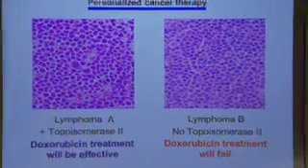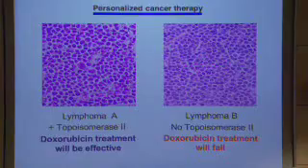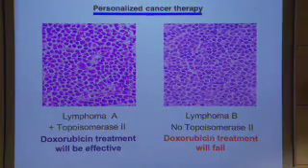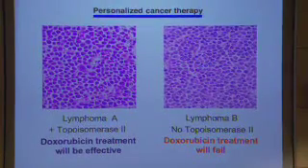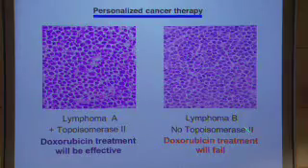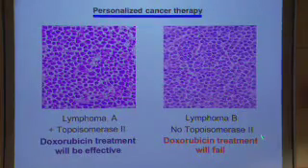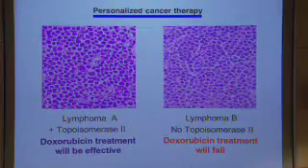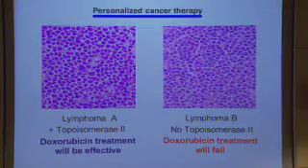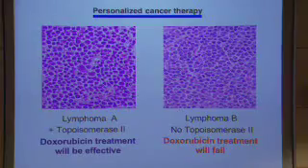And so in this case, doxorubicin treatment will fail. So you'll know going in the case of this patient, to give them doxorubicin and not even to try doxorubicin in patient B. Well, what do you do in this kind of situation where you have a patient that you know is not going to respond to a given drug?